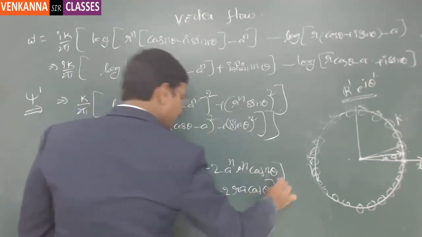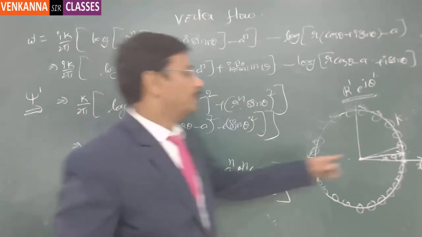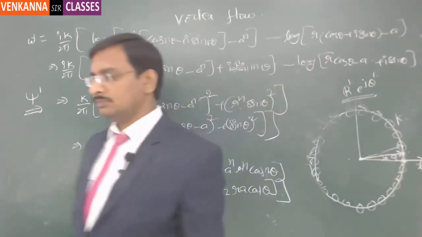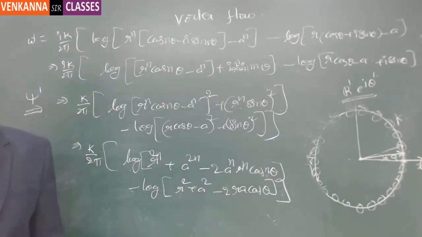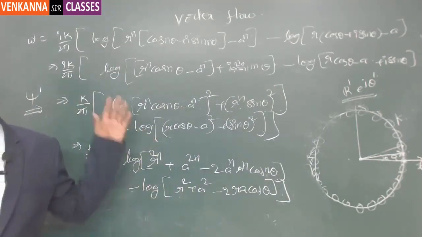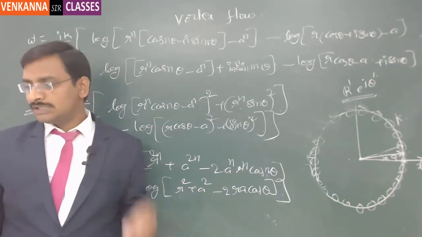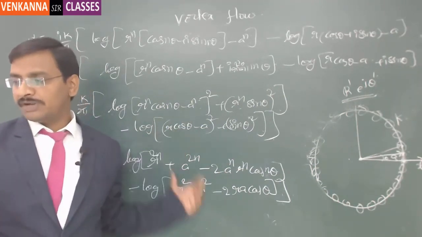So this is the stream function equation of the vortex at this particular point. Got it? Understood or not? Is this understood, or do you have any questions on this simplification? We are doing only the simplification part. So the simplification is a little complex.